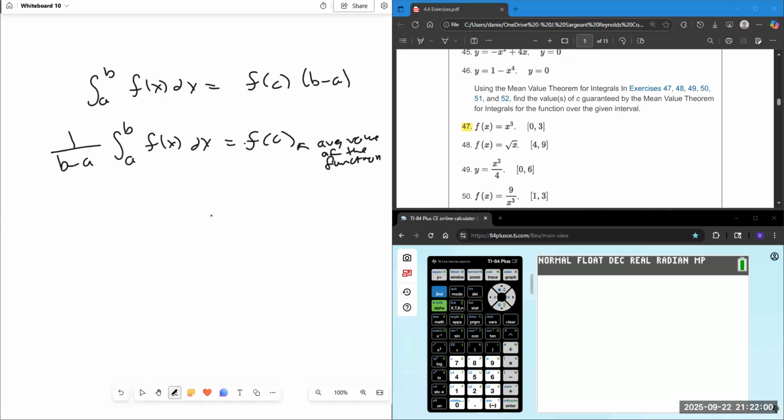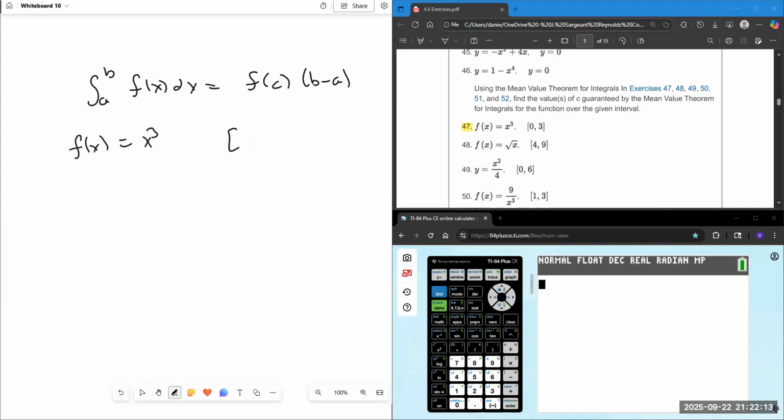So let's go ahead and get started here with f of x equal to x cubed. I have the interval 0 to 3. I'm just going to write it the way that I wrote the average value function here, because that's really what I'm interested in, that there's a c cubed here.